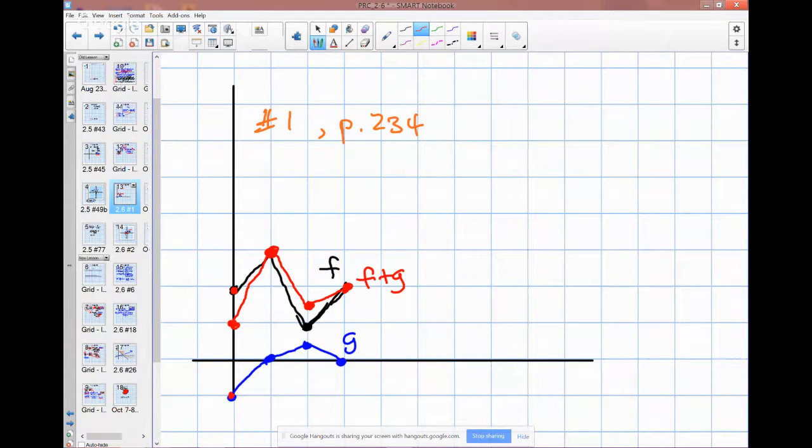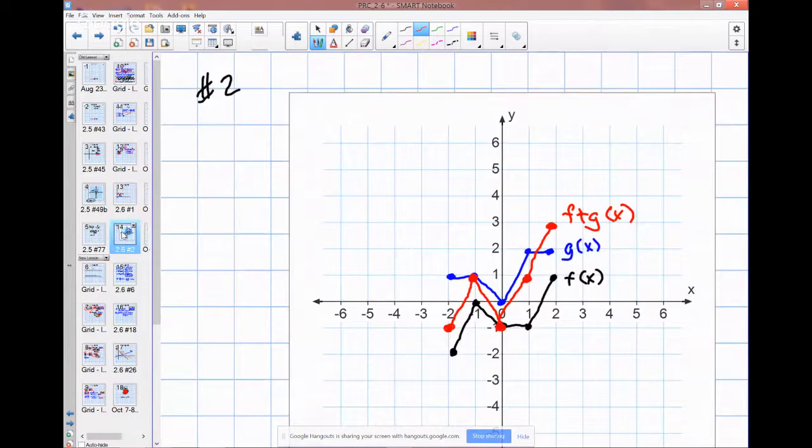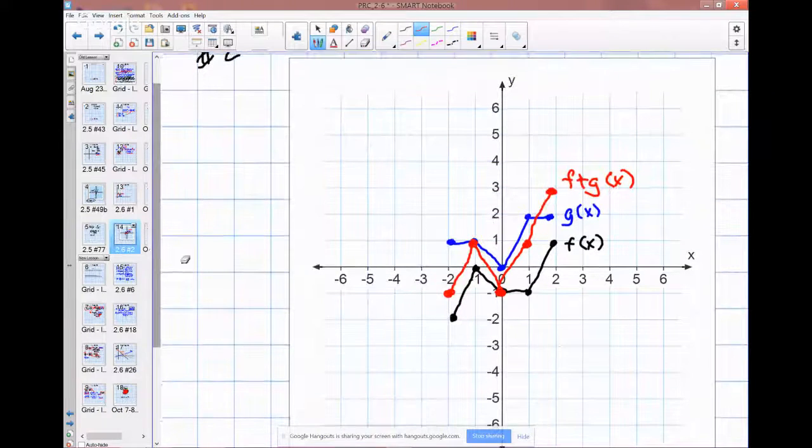Actually, graphically, we add the two functions. All right. Here's another one of those. This is number 2. And again, the book gives you f and g. They give you the black and the blue. Well, they're not black and blue in the book, but I had to color code them so you wouldn't get mixed up.